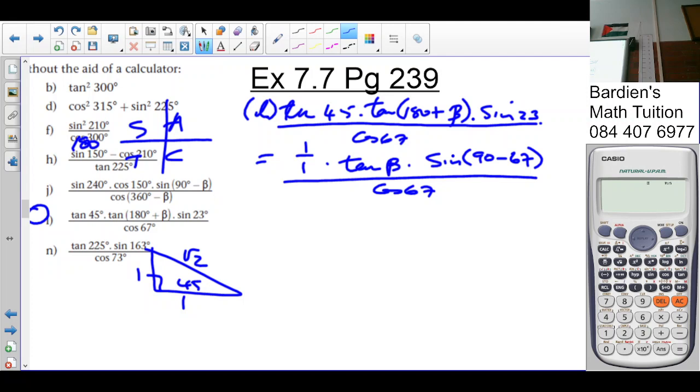Oh, you wrote down the sum wrong. You wrote down the sum wrong twice. From the previous sum or from the textbook? From Facebook. Okay. So that's going to give us tan beta times cos 67 over cos 67.